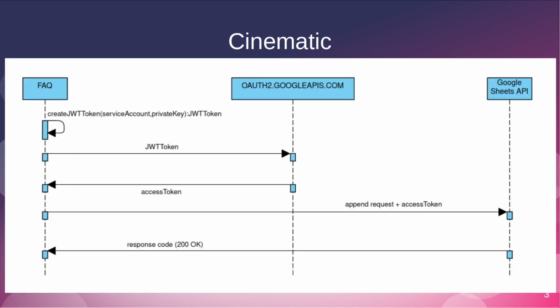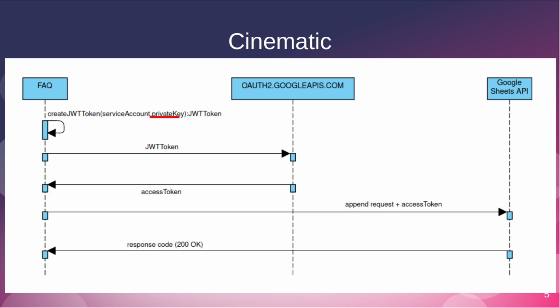So here is our kinematic. To create a GWT token, we need a service account and an RSA key. You can see, we need a service account and a private key, and the method will return a GWT token.